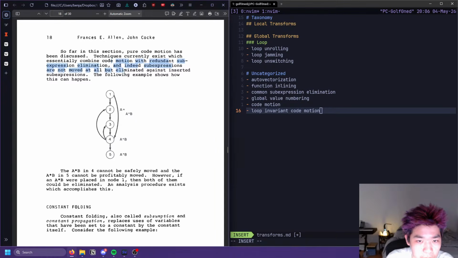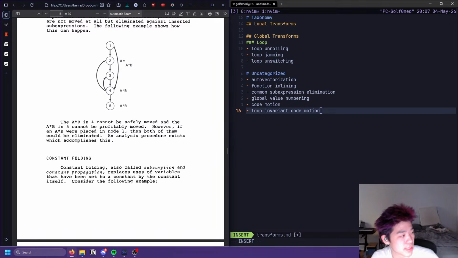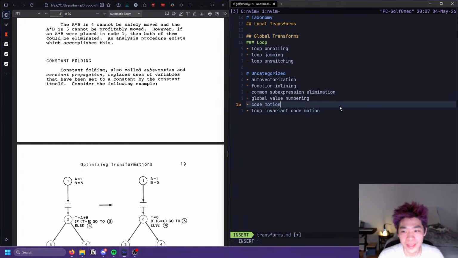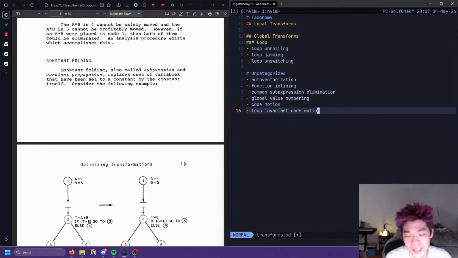Is that what's happening here? Yeah, okay, I guess that makes sense. Okay. Yeah, IntelliSense is quite dumb, actually. Okay. Oh man, this is hard. This is very hard to categorize things.